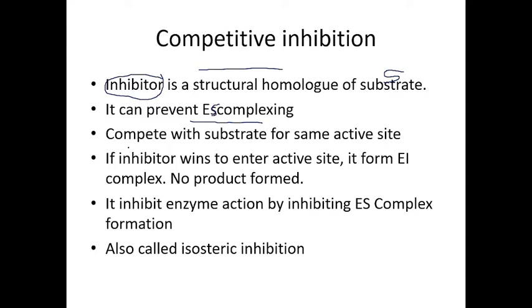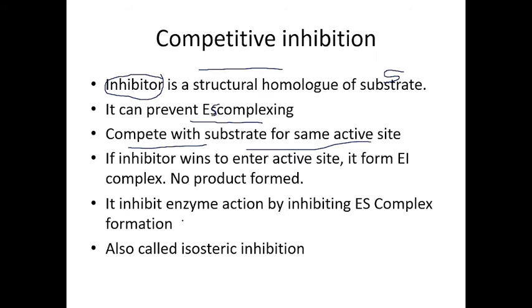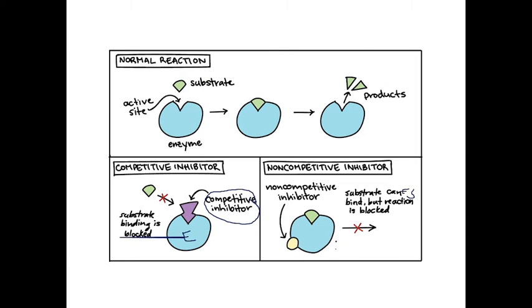So both compete with the substrate for the same active site. Look at this diagram. These two, our substrate and the competitive inhibitor, both are competing for this active site. So who is the one winning? The inhibitor will come and sit onto that active site, and thereby EI is formed. What is EI? Enzyme inhibitor complex is formed. So there is no product formed.